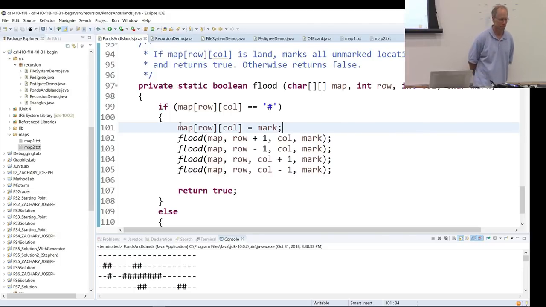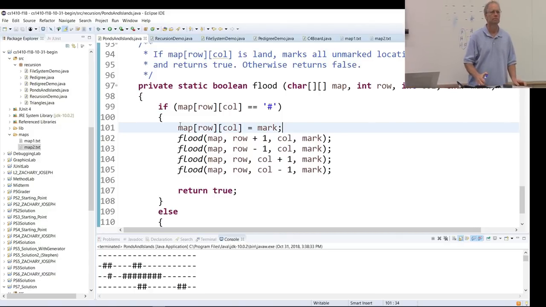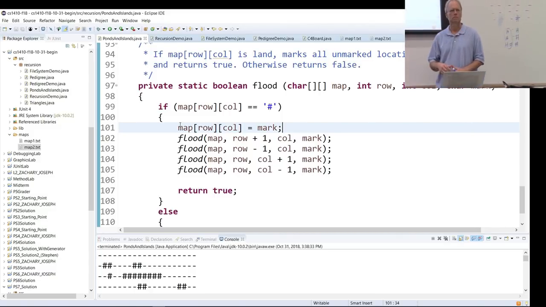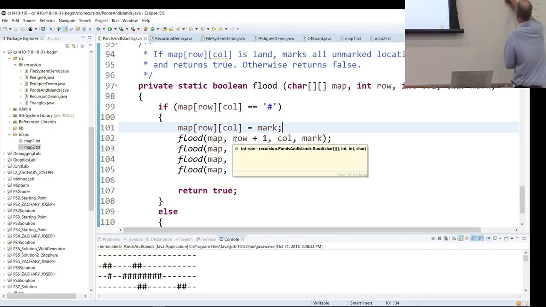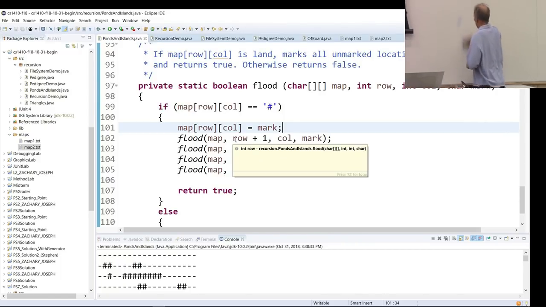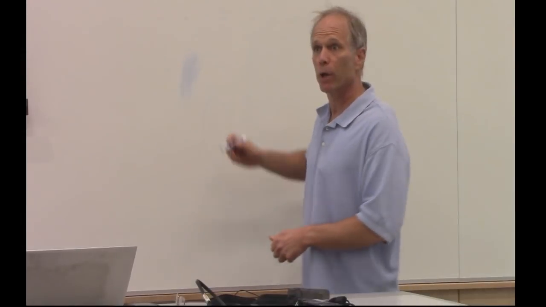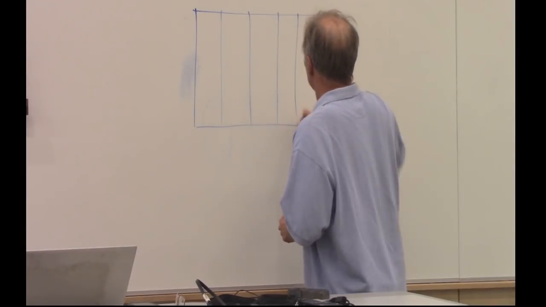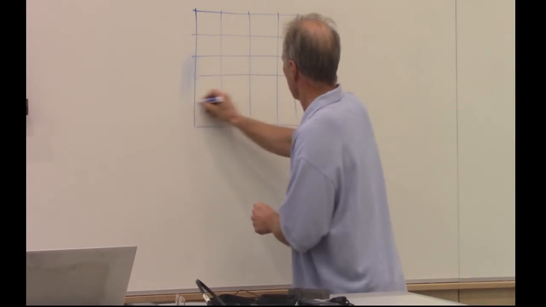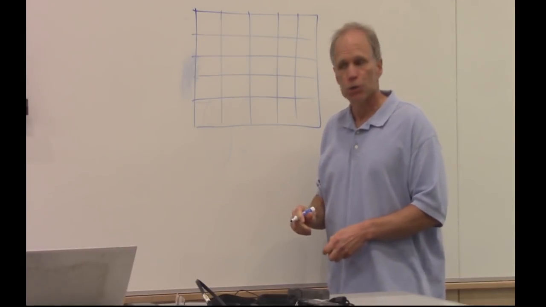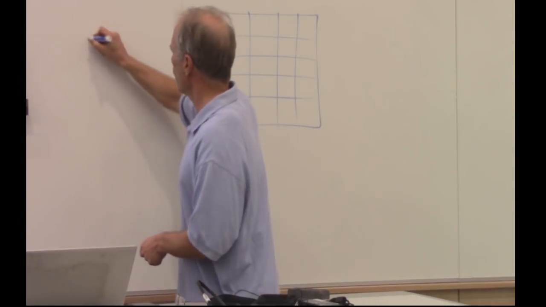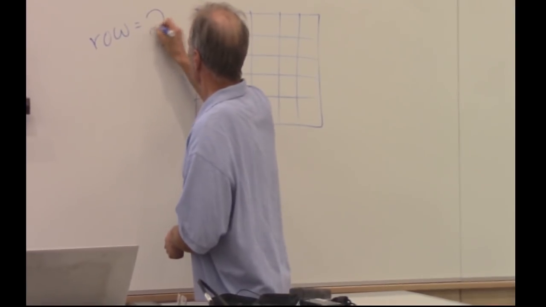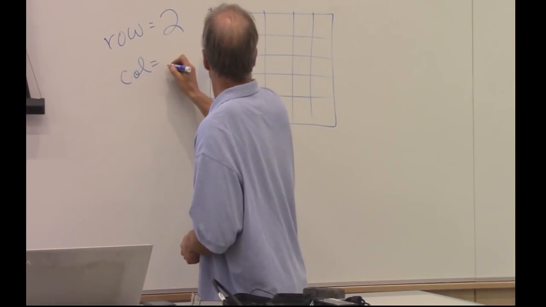So the parameters inside the flood method are kind of confusing. What happens when you do row plus 1 and row minus 1 and then column plus 1? Okay, so let's draw it here. If you think of a two-dimensional array as a grid of rows and columns, suppose we call flood and we give a row of 2 and a column of 1.